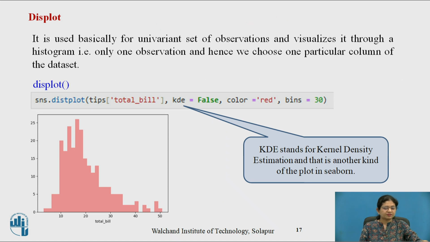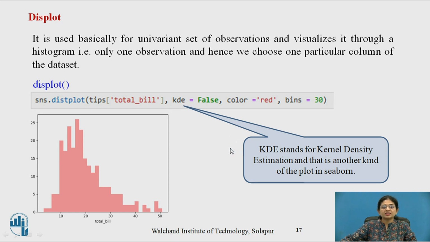Now let's start with the distribution plot, that is the distplot. It is used basically for a univariate set of observations and visualizes it through a histogram. Only one observation, and hence we choose one particular column from the data set. So look at here, only one observation is there, that is total_bill. Okay, so this distplot has the tips data set, the total_bill and kde equal to False.